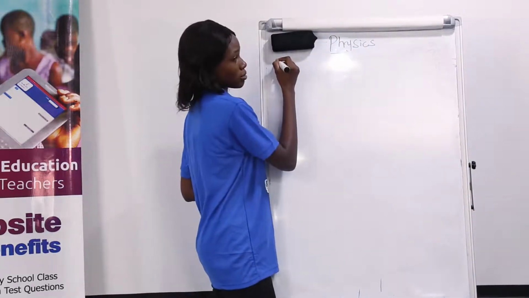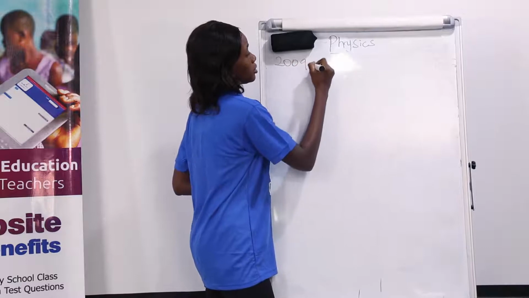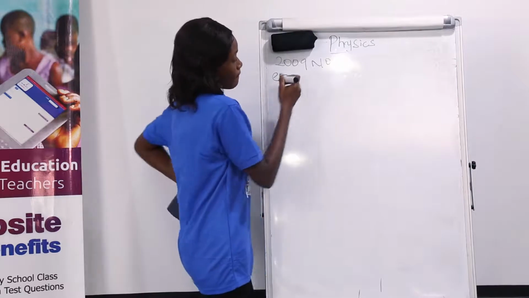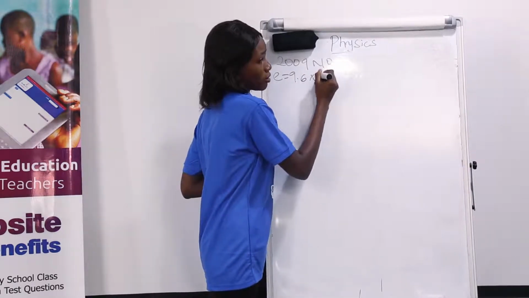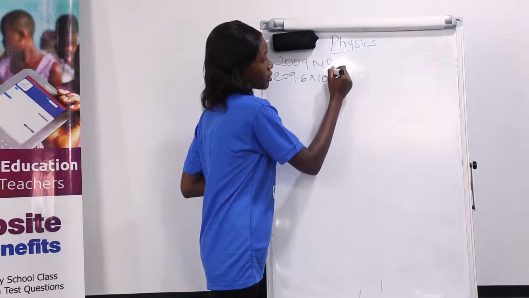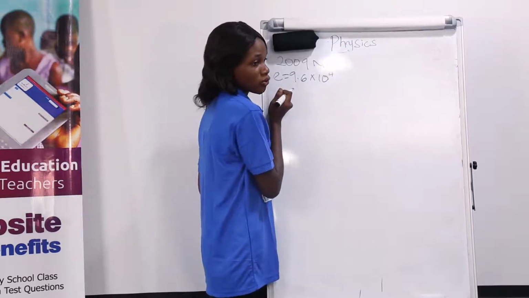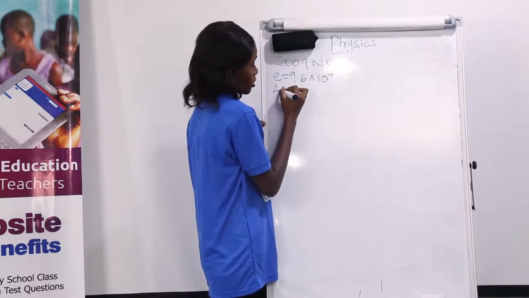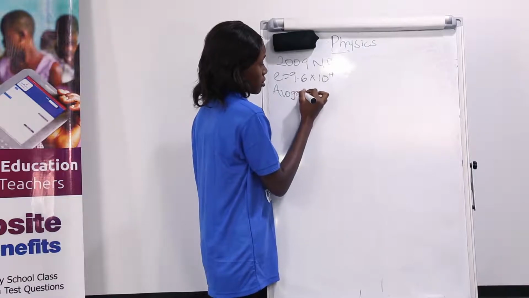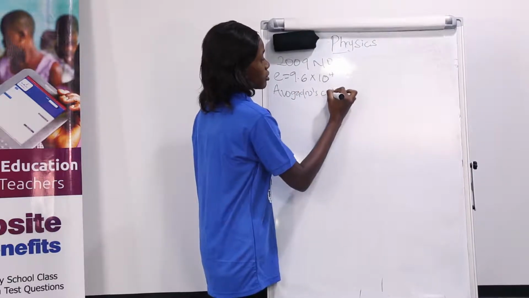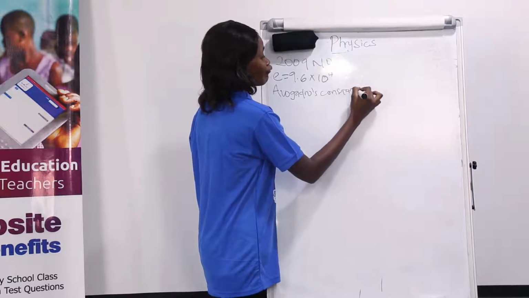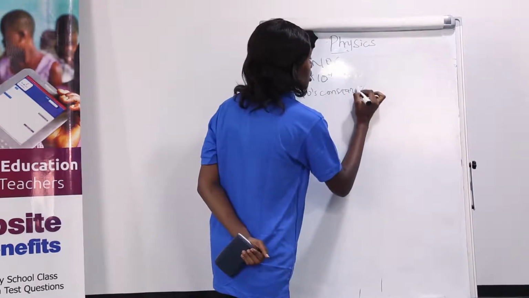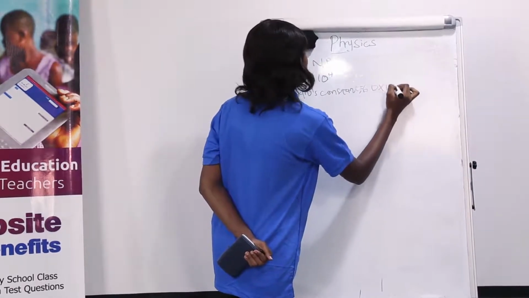Our electric charge, 2009, number 6. Our electric charge was given as 9.6 times 10 raised to the power 4, and our Avogadro's constant was given as 6.0 times 10 to the power 23.